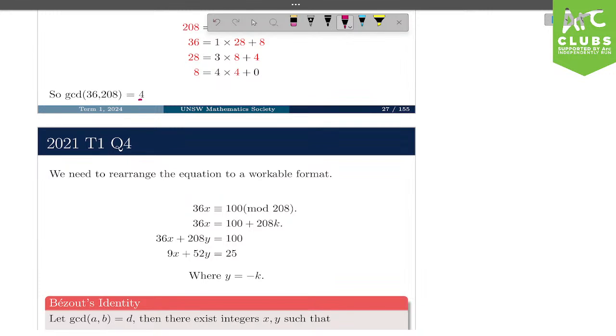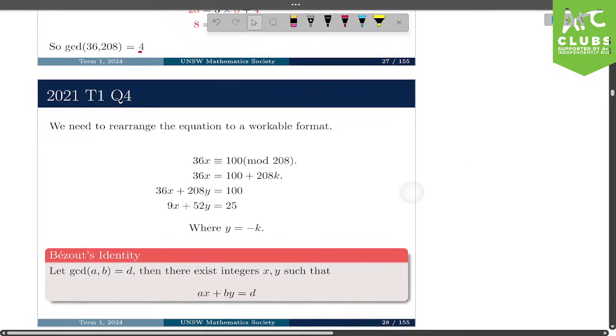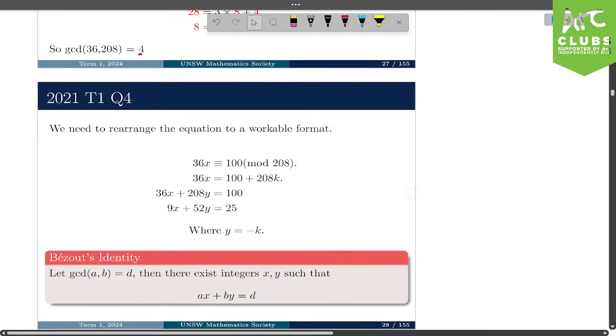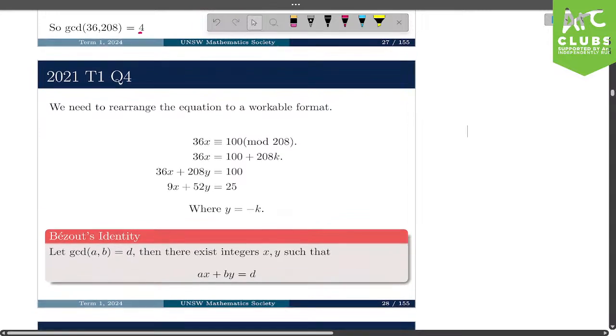We move our k to the other side, make y equal to minus k, and since our GCD is 4, we know that we can divide by 4. Since it's our GCD, we can't divide anymore, so this is the smallest mod we can obtain.